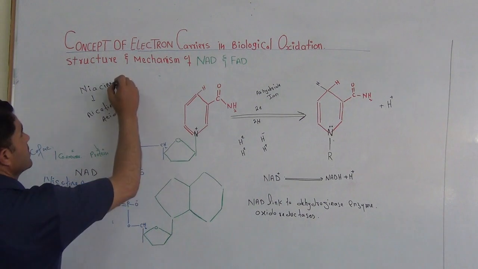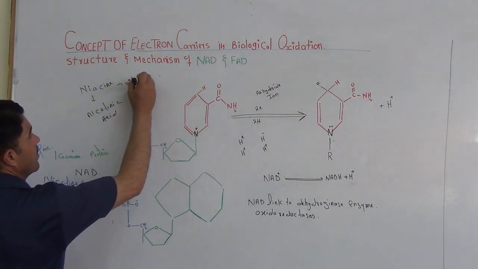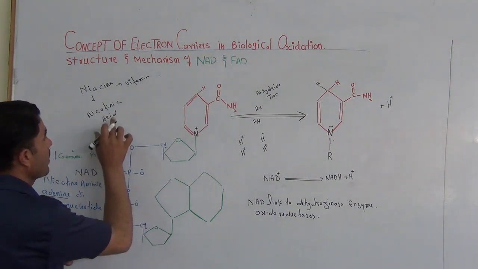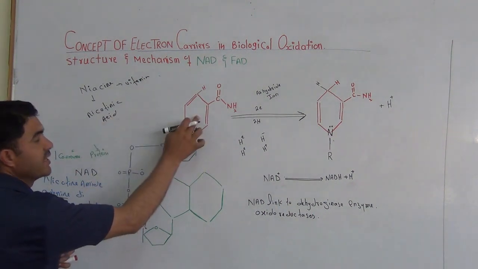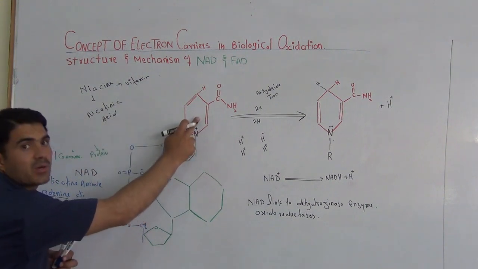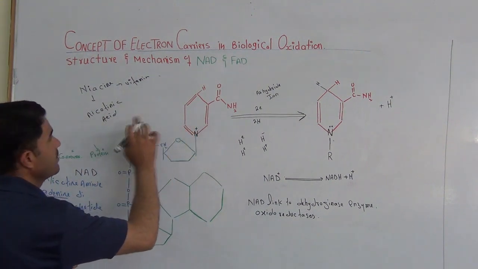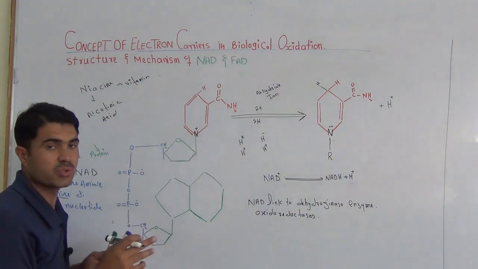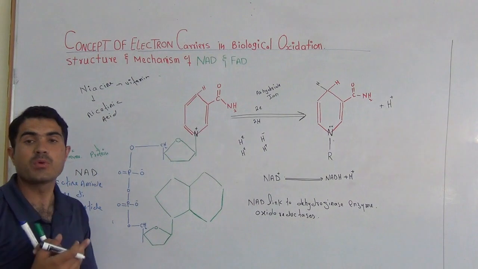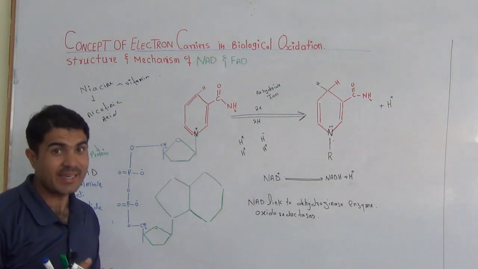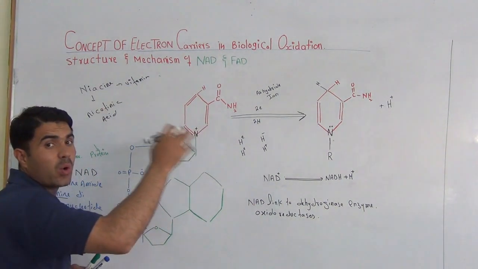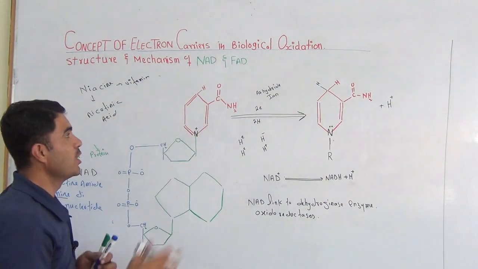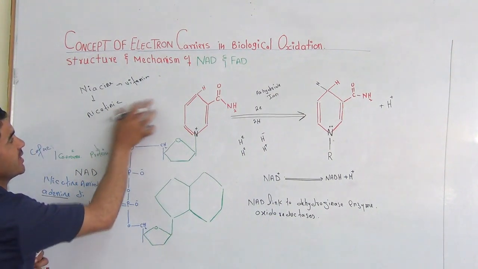Niacin is a vitamin, right? And from this vitamin, we get a compound called nicotinic acid. But this is not nicotinic acid. If there was an OH group here in place of NH2, we would call it nicotinic acid. But as there is no OH group, there is an amino group NH2, so we will call it nicotinamide.